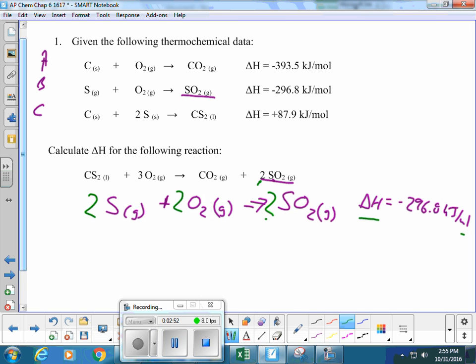So negative 296.8 times 2 gives me an enthalpy of negative 593.6 kilojoules per mole.